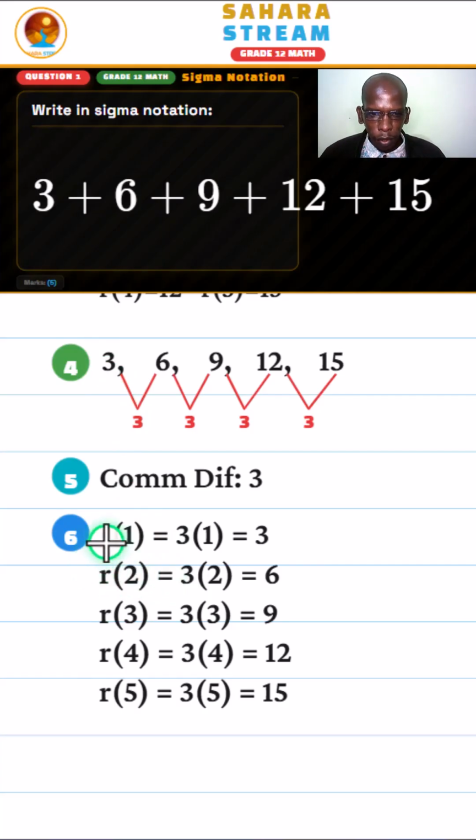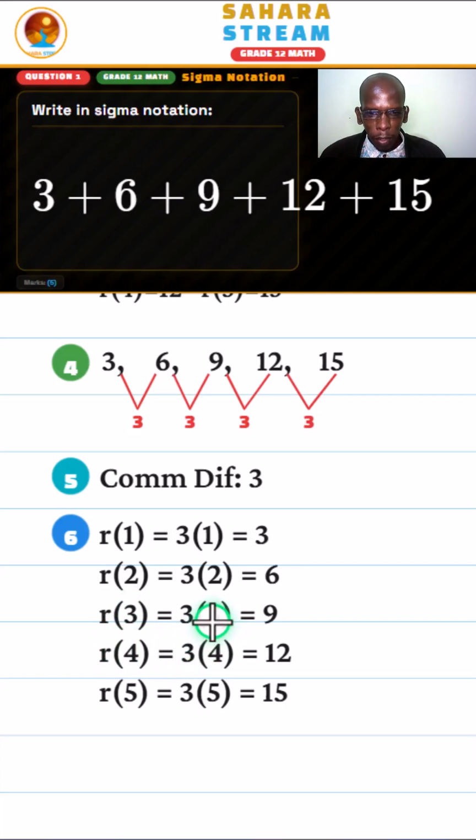Then if I repeat the same in the second position, I take 2, multiply with the common difference 3, and get 6, which is the term in the second position.